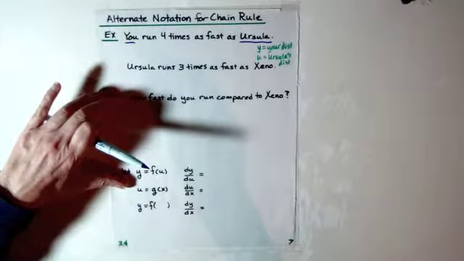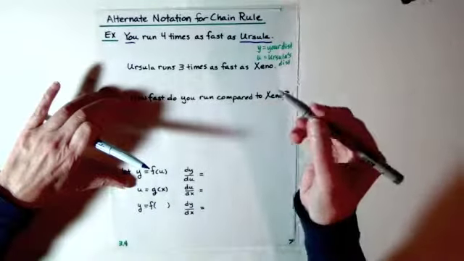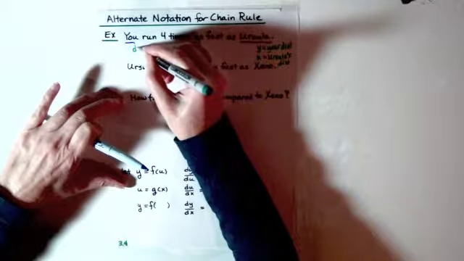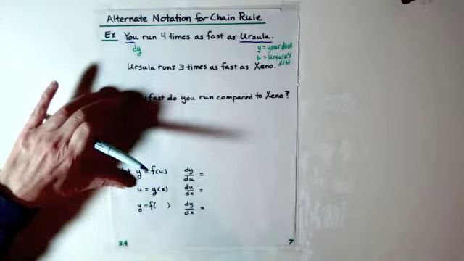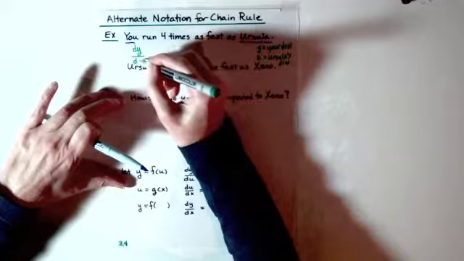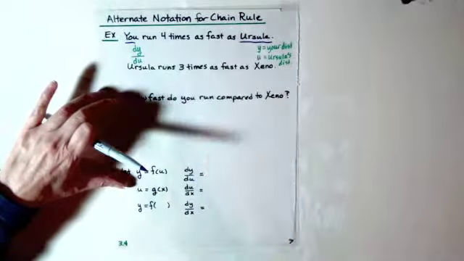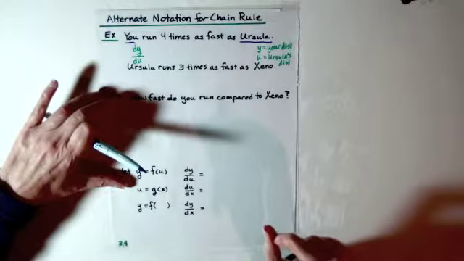And so if we were talking about the fact that you run 4 times as fast as Ursula, we could express that in symbols by saying the amount that your distance changes, which I'm going to call dy, think of it as an infinitesimally small change in your distance, compared to the change in Ursula's distance. Again, I'm going to write du as if it's a very infinitesimally small change in Ursula's distance.